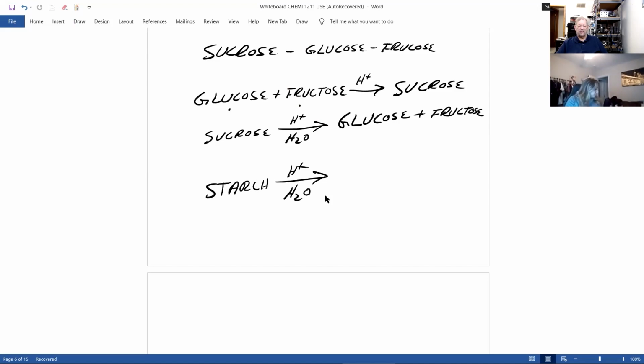And you should know this. You get glucose. I'm not balancing the reaction. So starch will give you a glucose.